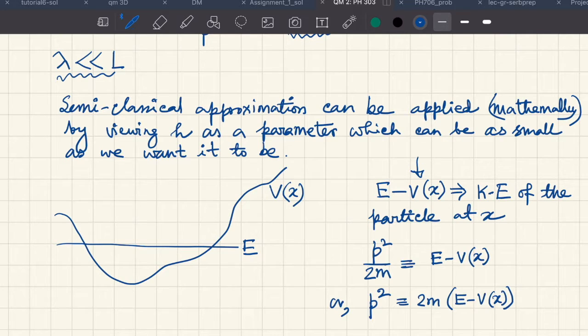There are two important points that I need to mention. First, when I say that I am using this h as a parameter, then it makes our life a little bit difficult, simply because so far, remember in perturbation theory, when you introduced that small parameter lambda, that lambda was a dimensionless quantity.